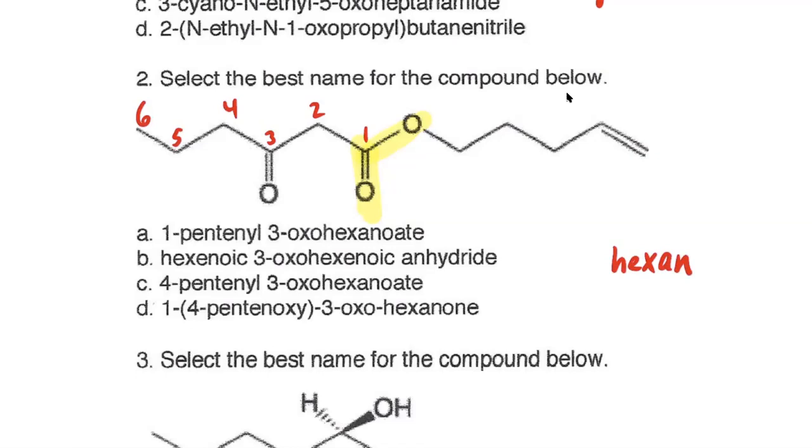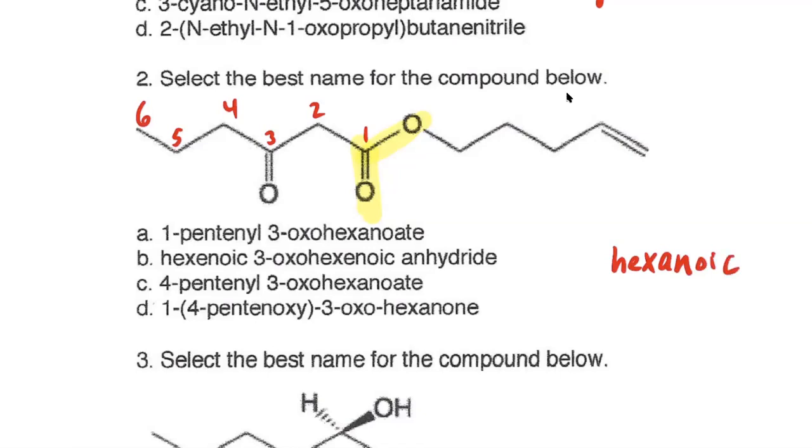And then we have to account for the fact that we have an ester. And so for the ester, you pretend as though, let's say you had a 6-carbon carboxylic parent chain. So you would name that hexanoic, right? So you would name it hexanoic.